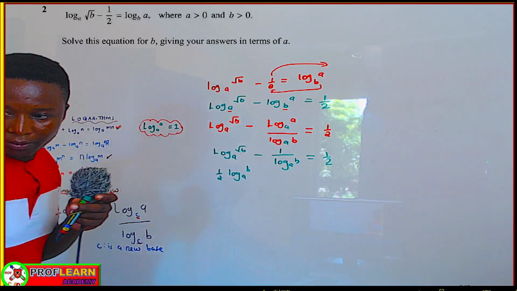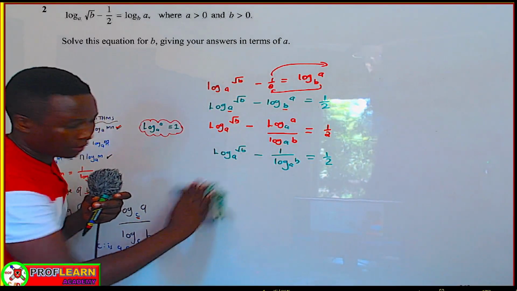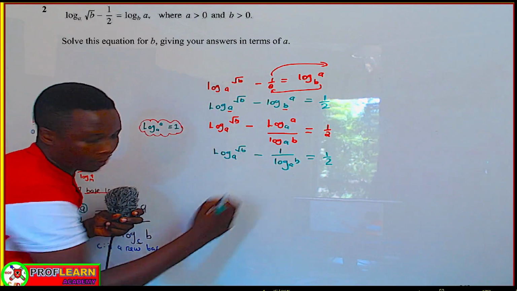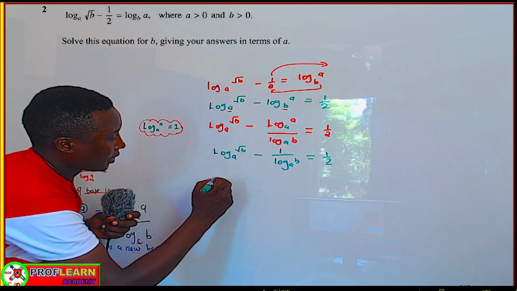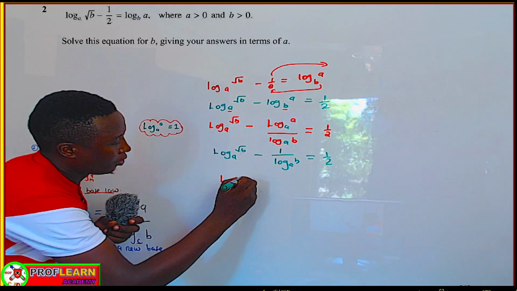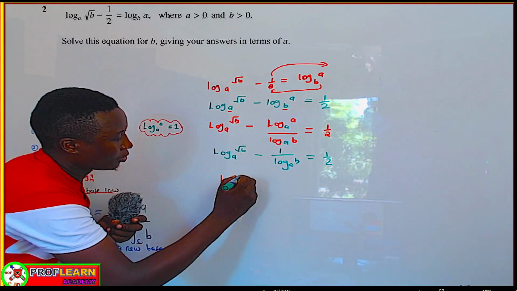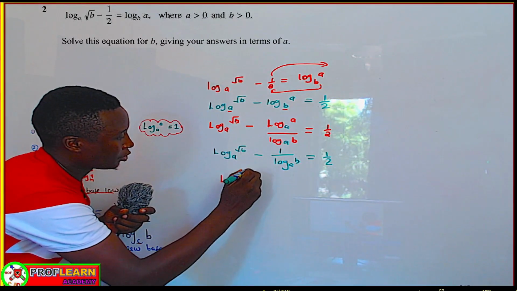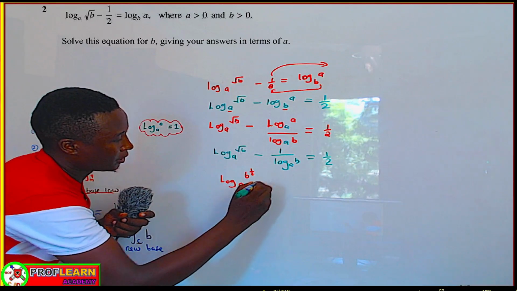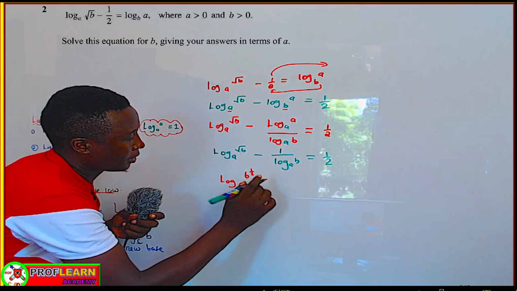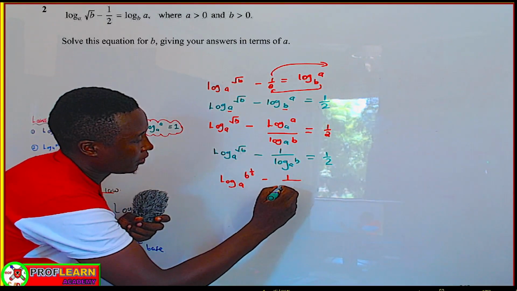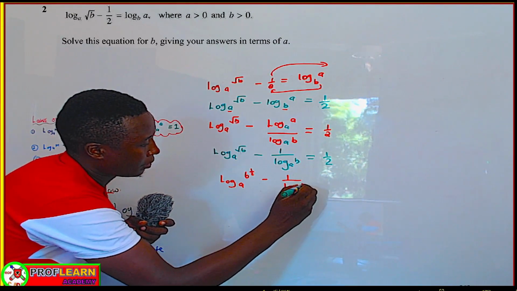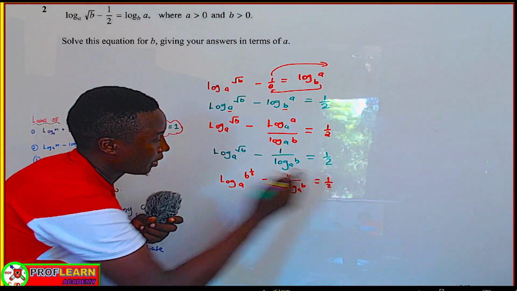Let me look for more space here so that I don't squeeze this. We have log of root b, which is the same as b raised to a half, with base a, minus 1 over log b base a equals a half.